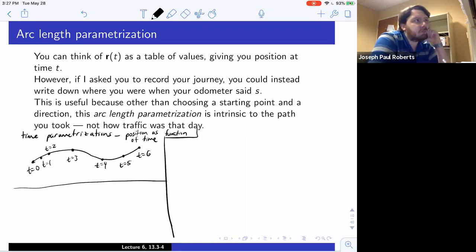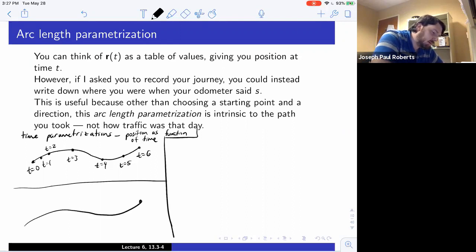And so, okay, tying it back to what we were talking about yesterday, there's different parameterizations that could give you the same path. So let's say, like I said, you got to State College 2 weeks early before classes, but then let's say you forgot something at home, so you drive back to your parents' house or wherever you were staying for the summer, and you drive back, but now it's the move-in weekend for everybody. So let's say you're just having a really bad trip in addition, so like at t equals 0, you're here, t equals 1, you're here, t equals 2, you're here, t equals 3.